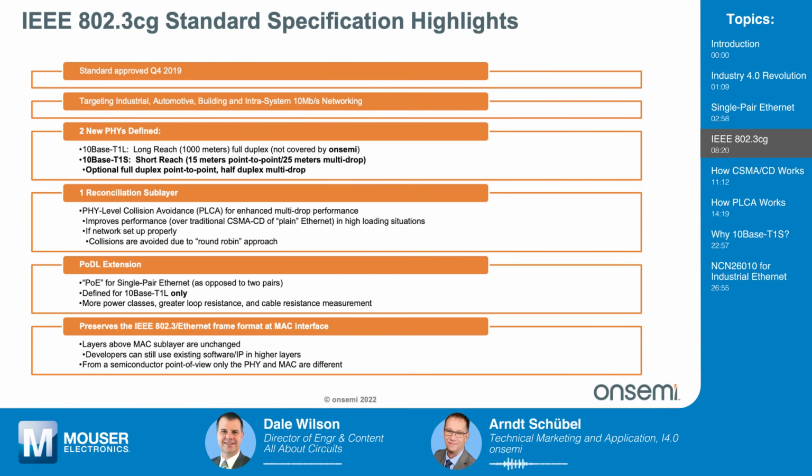So IEEE called this physical layer collision avoidance, which enhances the multi-drop performance in situations where you have a high network load. And if you set that up correctly, collisions will be entirely avoided by using a round-robin arbitration approach, which allows every station to take its turn accessing the media.